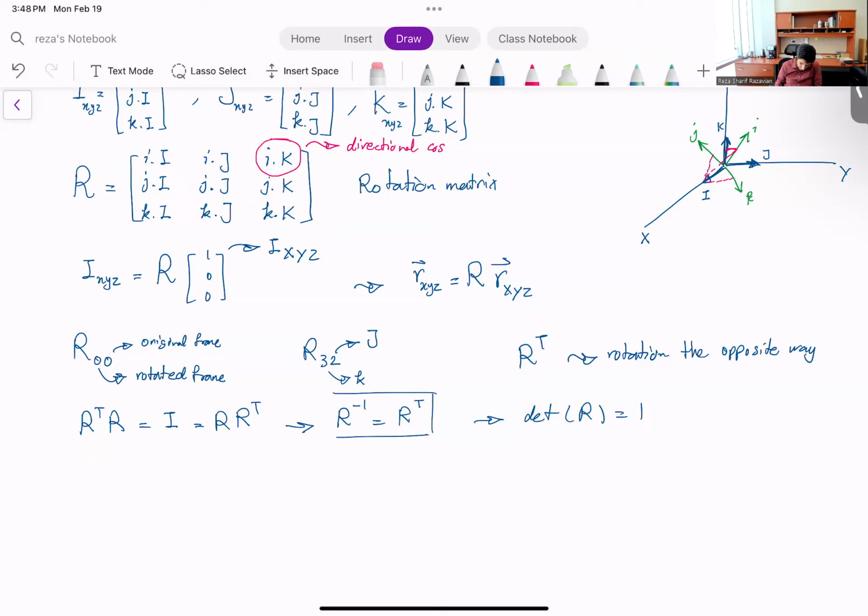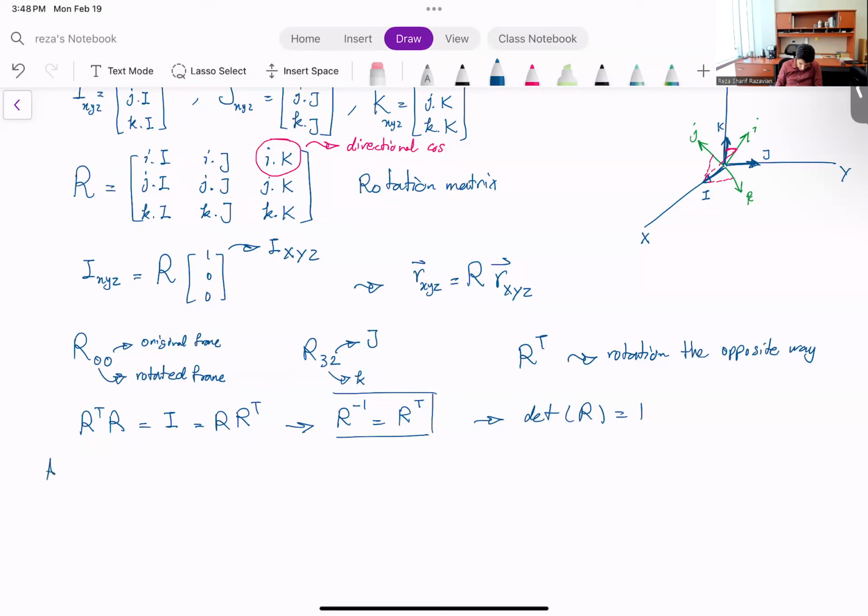So the last thing I have is something that always confuses me. I think half of the population of the Earth goes one way, the other half goes the other way. What is the definition of rotation matrix?